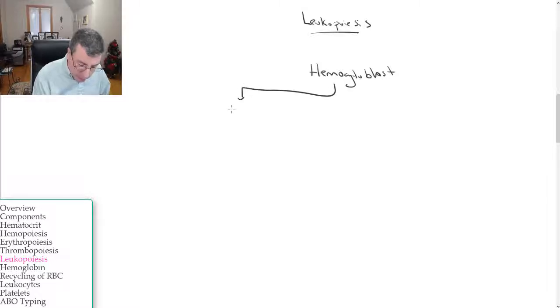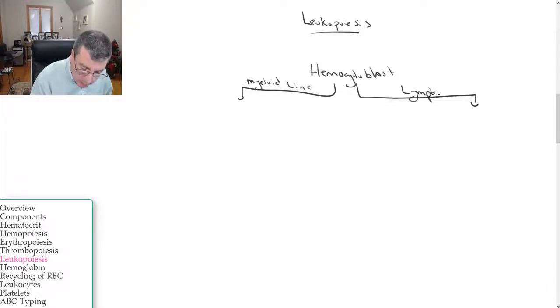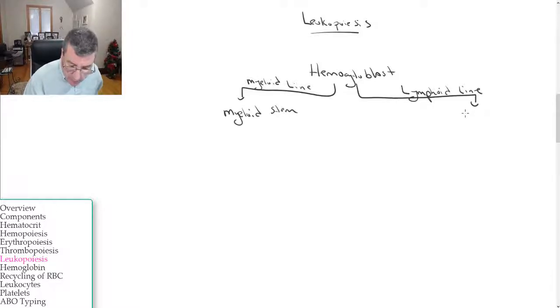This can go through the myeloid line, or it can go lymphoid line, and at this point we can get the myeloid stem cell, and the lymphoid stem cell.